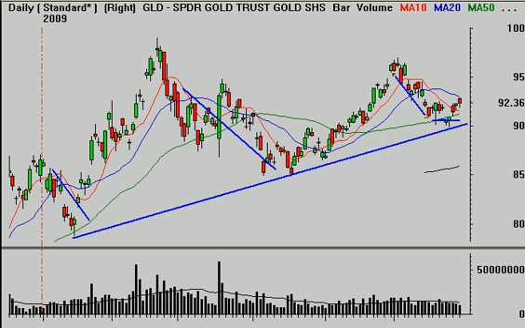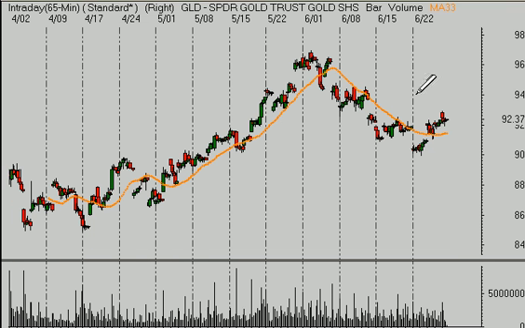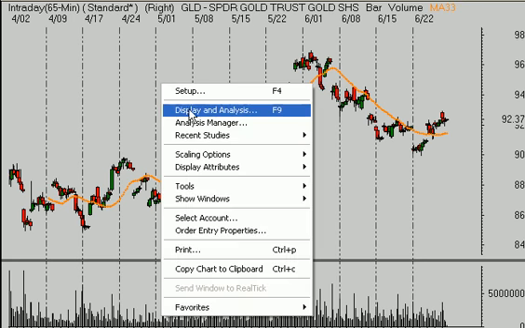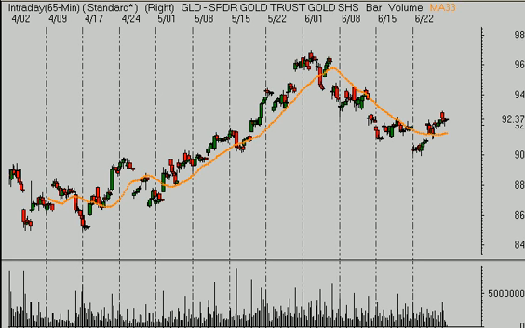And when we take a look at the 30-minute, let's look at an hourly time frame. These are actually 65-minute, and I've got the wrong moving average in there. That should be 30. Let me just change that real quick. But what we're looking at here is a 65-minute chart.